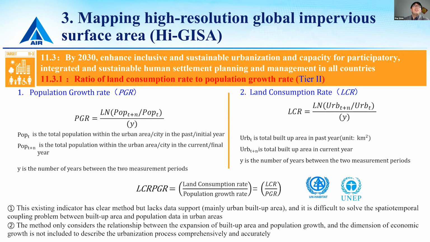For the specific indicator, it is the ratio of land consumption rate to population growth rate, which belongs to Tier 2, which means it has the methodology, but still lacks data globally. So our work is just focused on this indicator. We try to use the Sentinel Landsat data to produce 10 meters data globally.